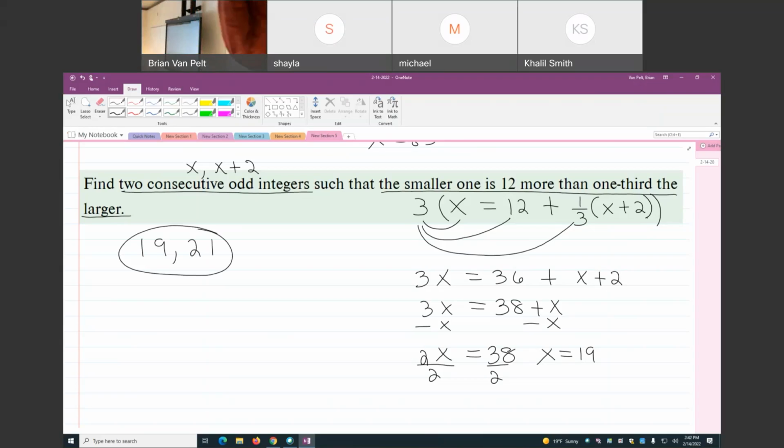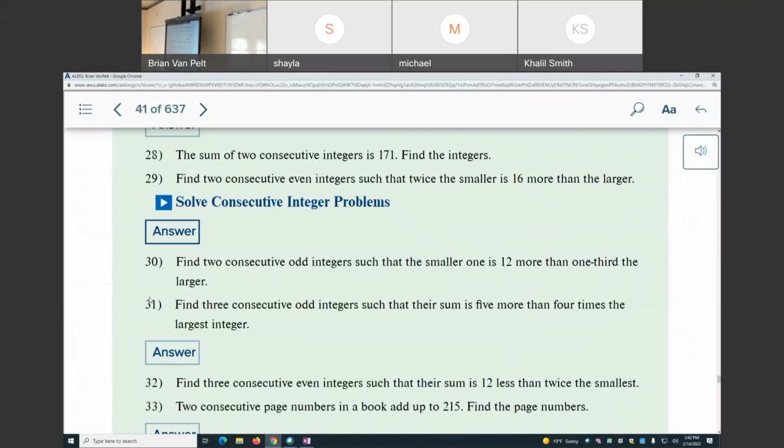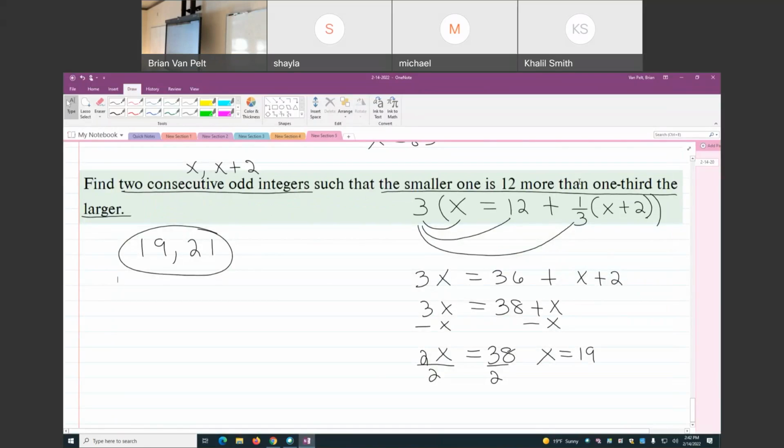Some of them, I think they do 3 consecutive odd or 3 consecutive even. And it's no different, it's just a little more complicated is all. Now what do I have? Where's my equation? 12 more than 1/3.